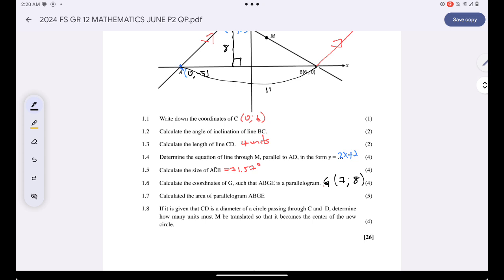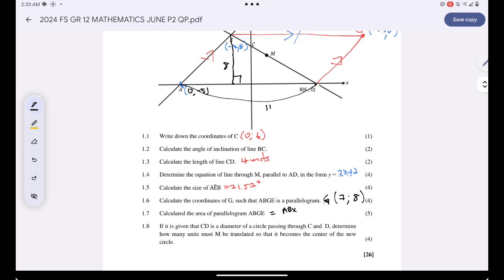So the area of a parallelogram will be equal to AB multiplied by the perpendicular height, which is 11 multiplied by 8. 11 multiplied by 8 is 88 units squared. Our area would be 88 units squared.